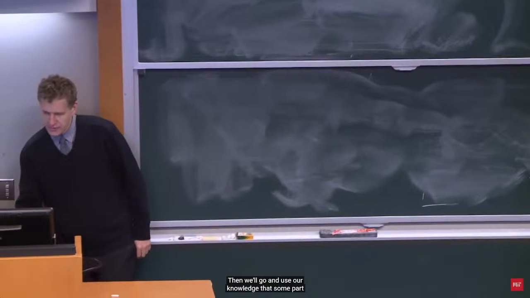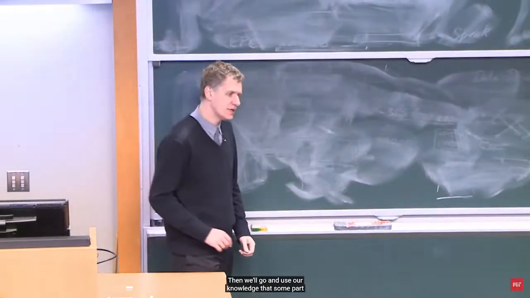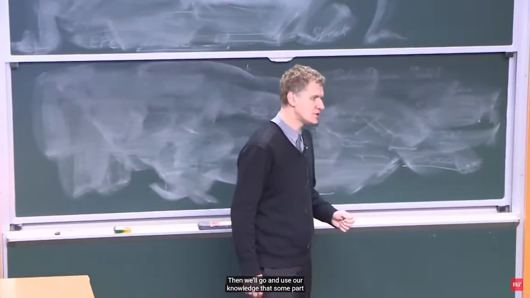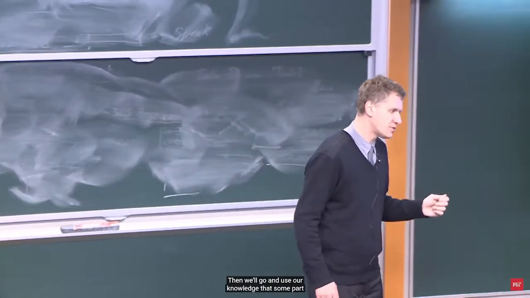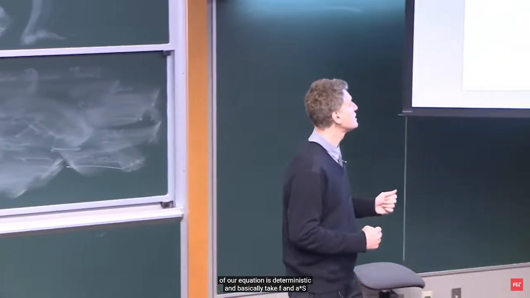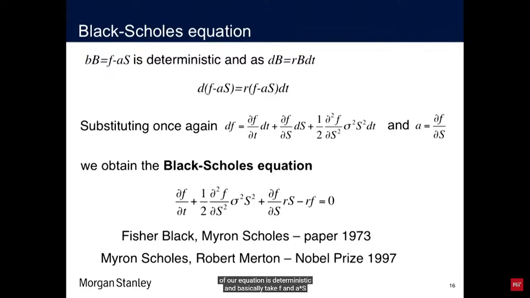Then we'll use our knowledge that some part of our equation is deterministic, and basically take f and as on one side and leave the deterministic part on the other side, differentiate it once again, and the left side will be just rb dt.